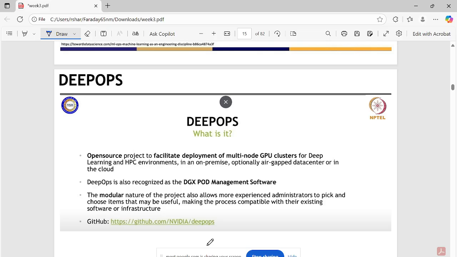This is an open source project, and it is used for managing pods on the DGX.